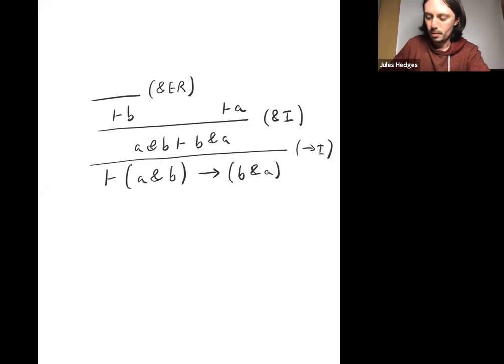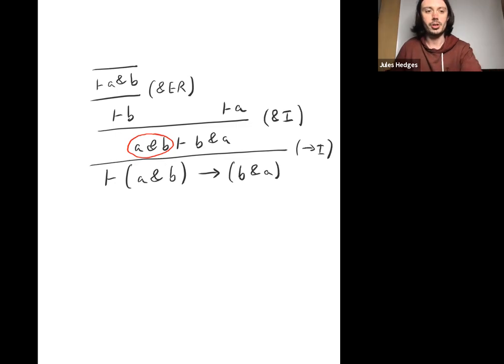So to prove B, it is enough to prove A and B. And now we can apply the stopping rule because we have A and B on the left side of the turnstile further down, namely here. So I can write a line above, and now we're done with that branch.